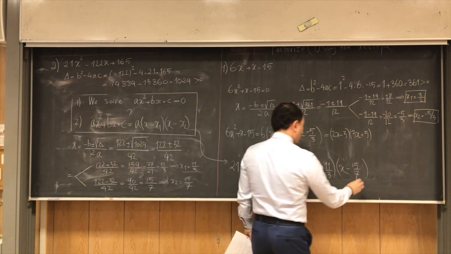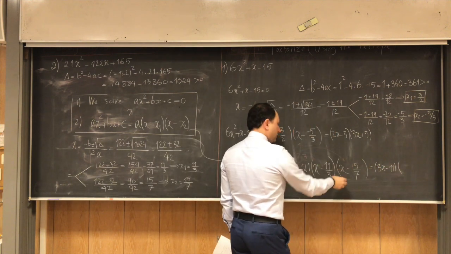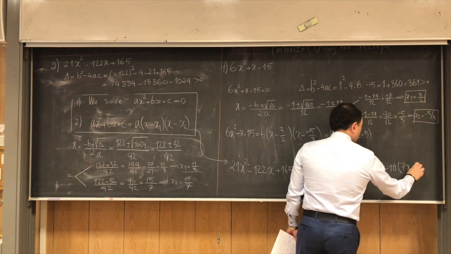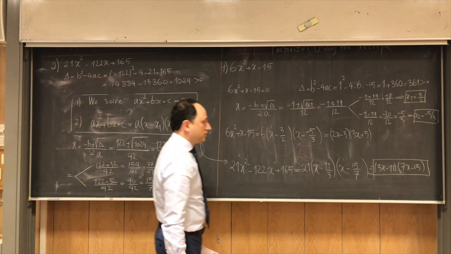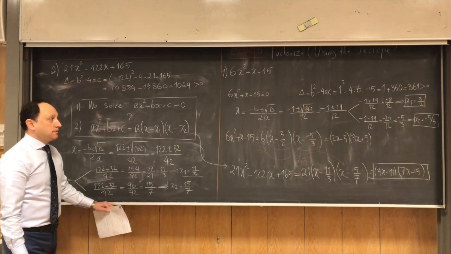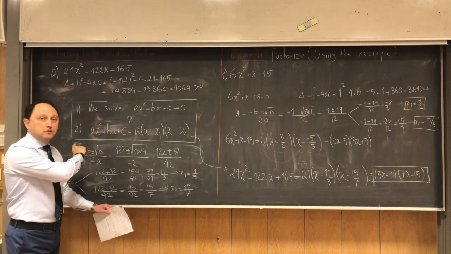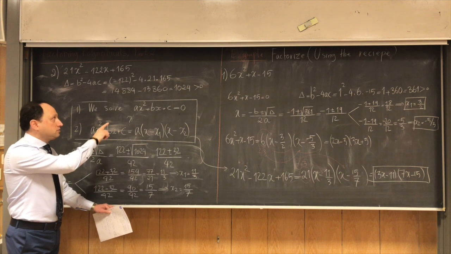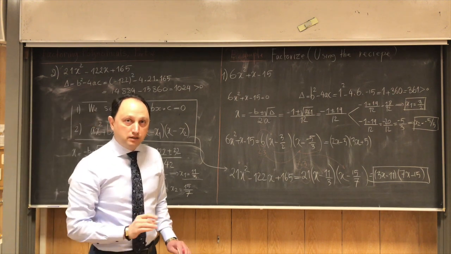So then you see that I will get 3x minus 11, and then 7x minus 15. Yes. So you see that it was probably not possible, or not that easy at least, to do it by guess. But this will give you the solution for the factorization of these polynomials ax squared plus bx plus c in full detail. Yes.